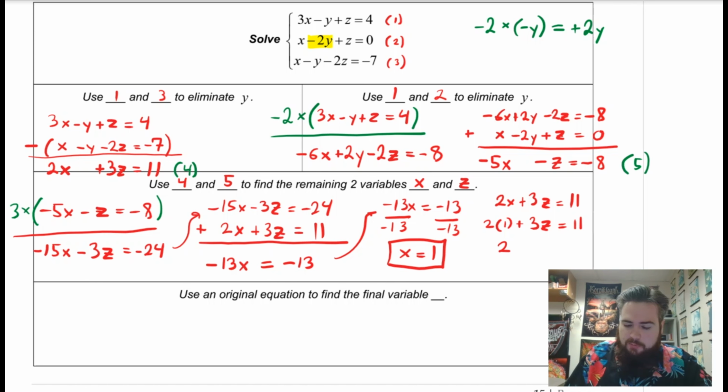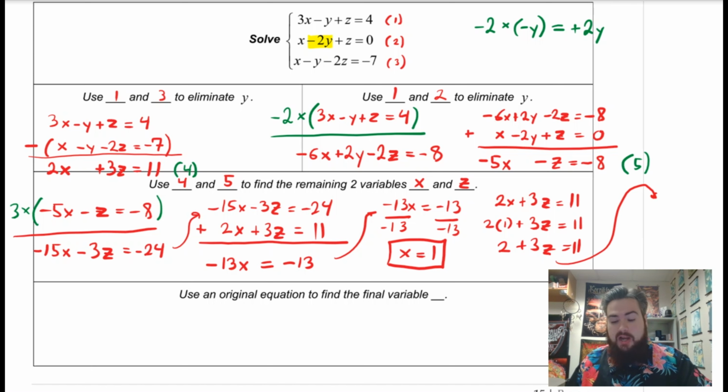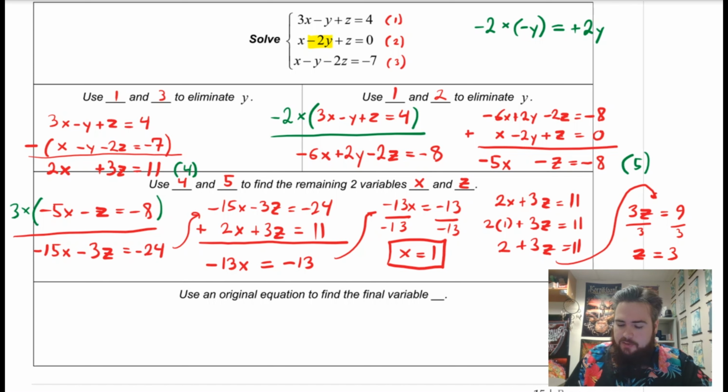This will give me 2 plus 3z equals 11. I will subtract 2 on both sides to get 3z equals 11 minus 2 will be 9. And then I can divide both sides by 3 to get a final answer for z, as 9 divided by 3 is 3.